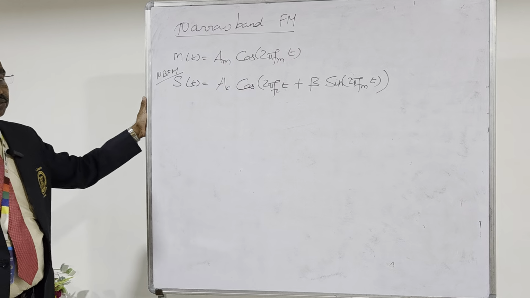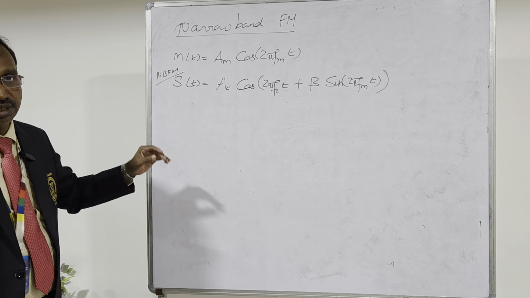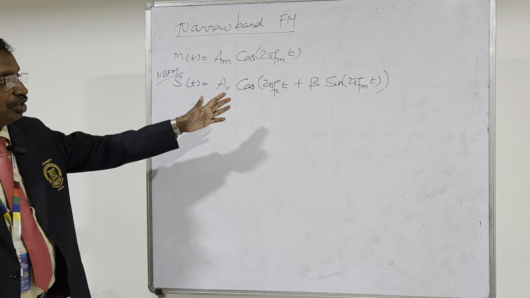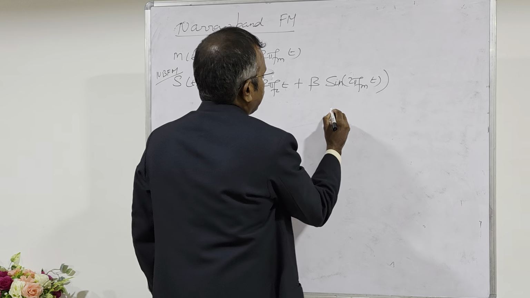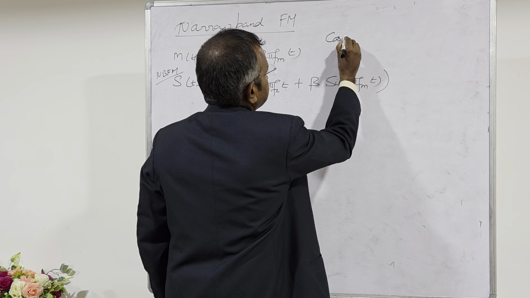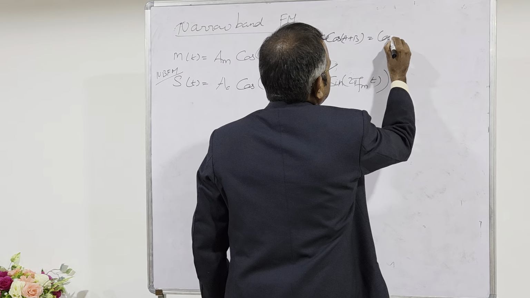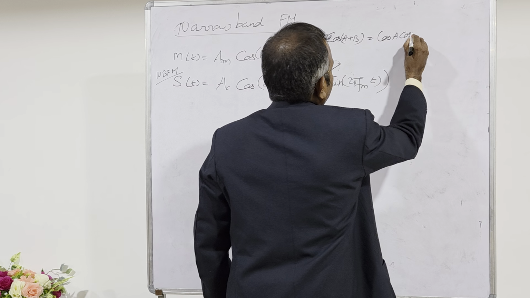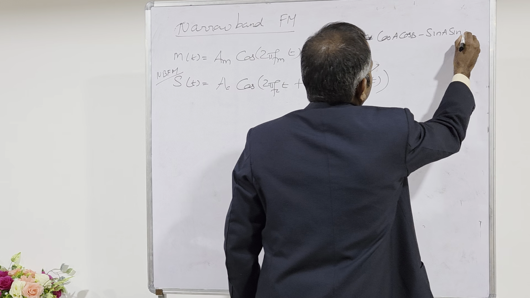Then I am going to expand this term. This is of the form cos(A+B), and cos(A+B) can be written as cos A cos B minus sin A sin B.